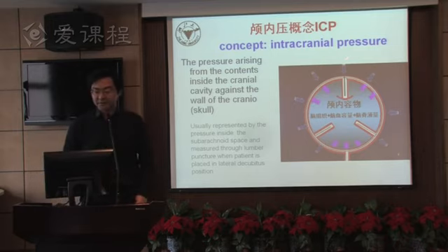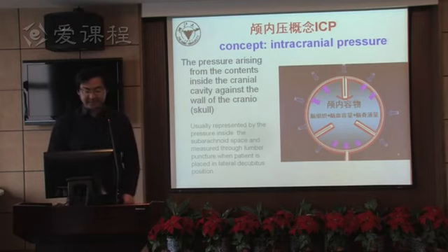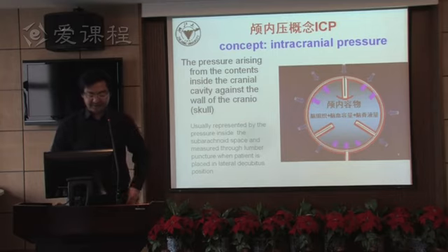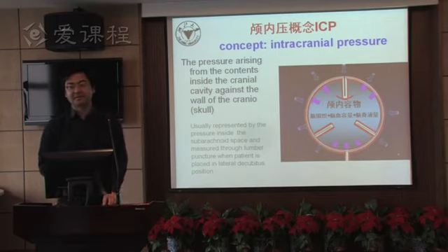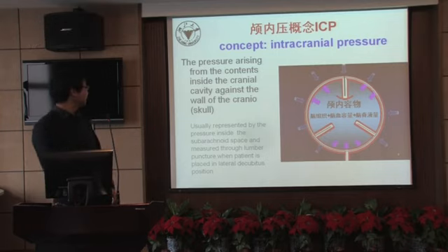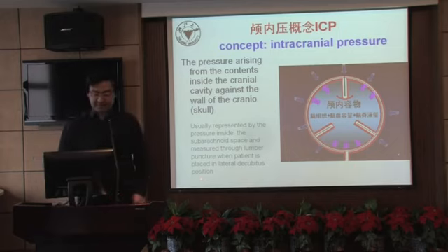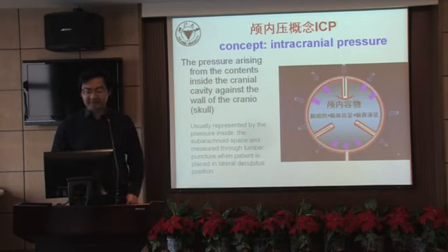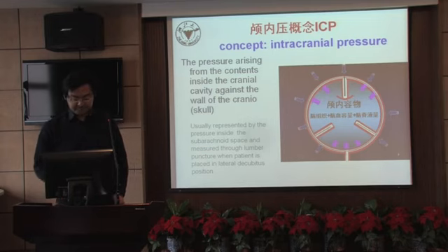Usually the intracranial pressure is represented by pressure inside the subarachnoid space and measured by lumbar puncture when the patient is placed in the lateral decubitus position. So usually the pressure inside the subarachnoid space represents intracranial pressure.